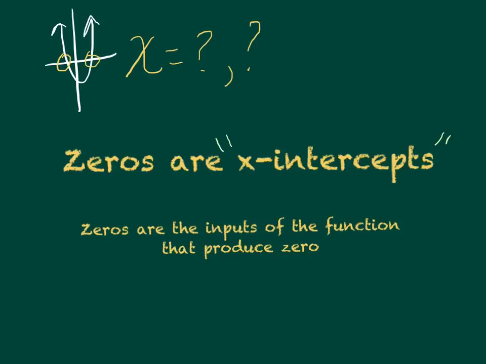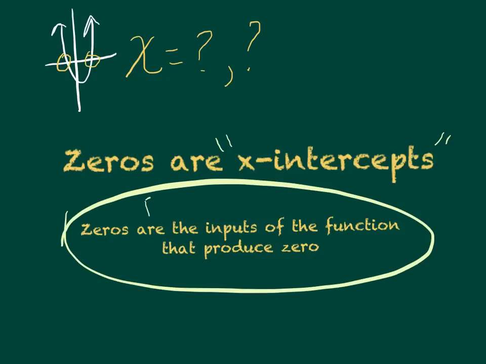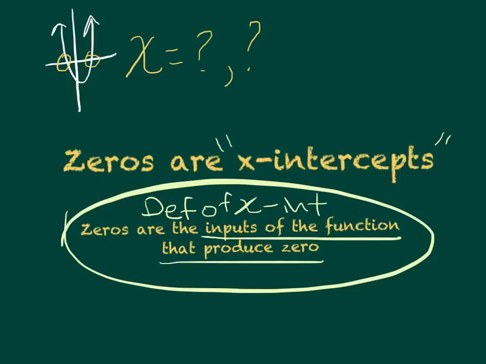Then your zeros are going to be imaginary. But if you think of the zeros as x-intercepts according to the definition of x-intercept, that they are the inputs of the function that produce 0, that's a really good way to think about what the zeros are and why they're called that.